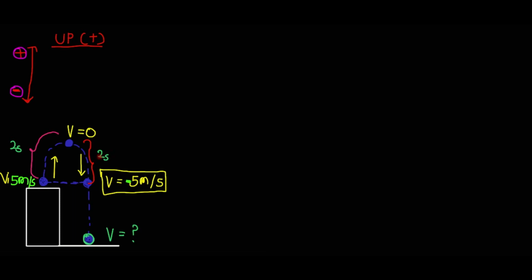The time it takes to go up, the time it takes to come down. Now, I'll share this information or draw the velocity time graph. And remember, upwards is positive.